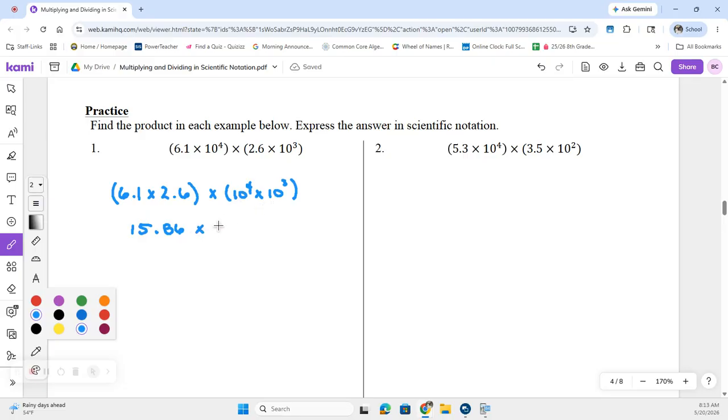And 10 to the 4th times 10 to the 3rd is 10 to the 7th. 15.86 is too big, so we're going to shift it. 1.586, and we're going to adjust our exponent from 10 to the 7th to 10 to the 8th.